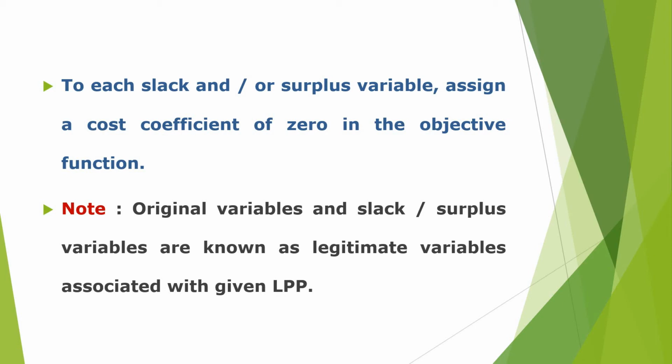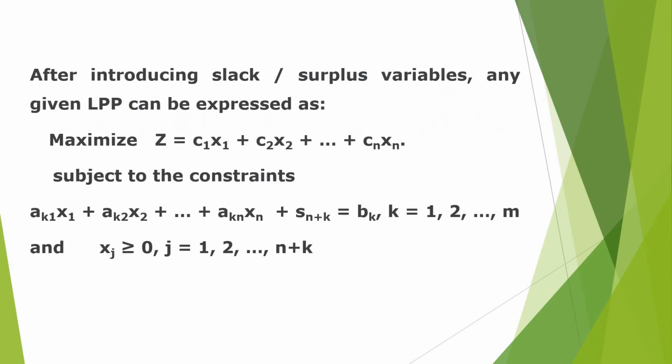Note, the original variables and slack or surplus variables are known as legitimate variables associated with the given LPP. So now we have original variables, those are decision variables, and slack or surplus variables. The whole set is known as legitimate variables associated with the given LPP.